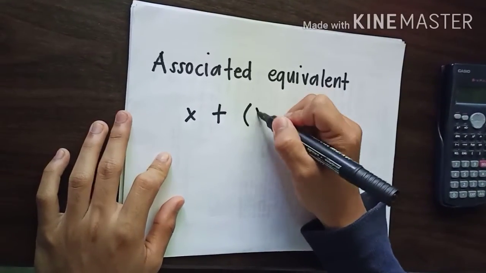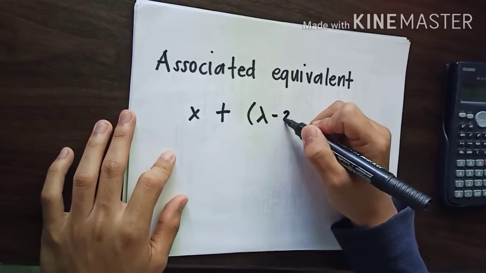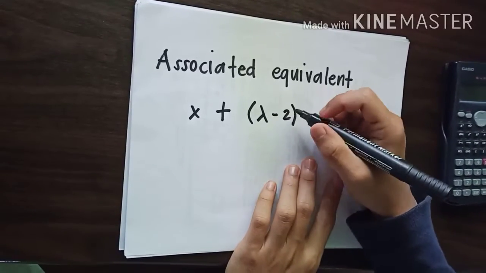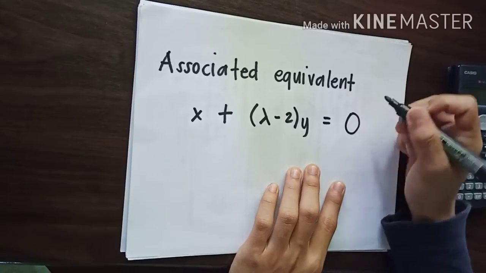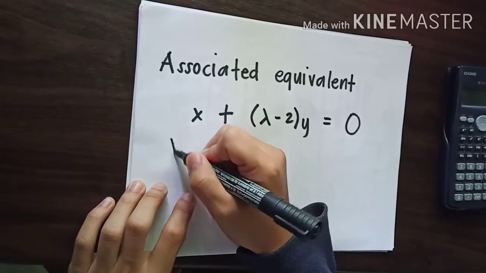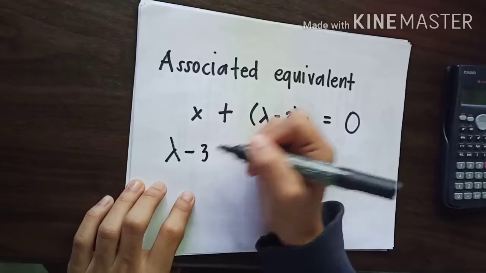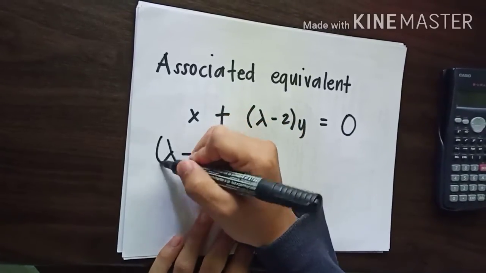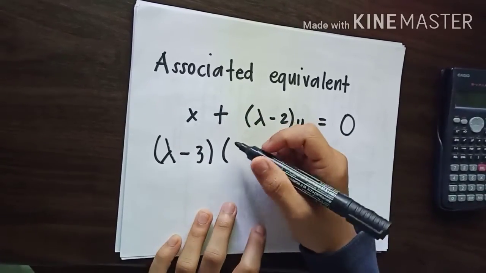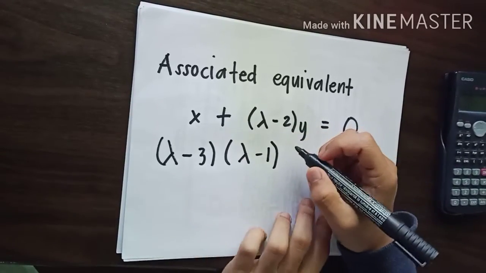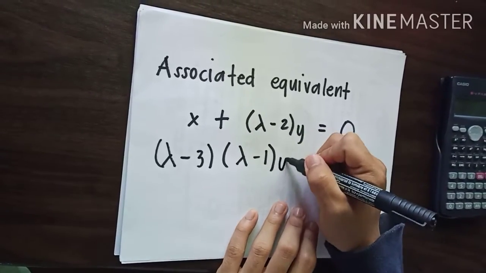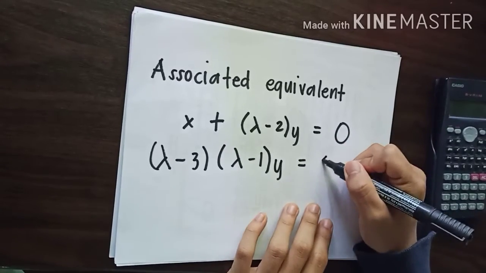So now we have x plus lambda minus 2y is equal to 0. And then for the second one, we have lambda minus 3 multiplied by lambda minus 1, y is equal to 0.